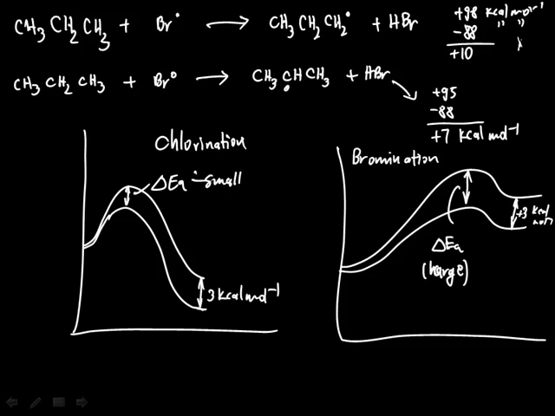And this difference tells us why the more stable product is formed much faster in the case of bromination, whereas in the case of chlorination both products are formed relatively fast. It's just that we get more of the less stable one. And so this graph really explains the selectivity that we observe in bromination, and this is the so-called Hammond postulate, which will be the topic of our next series of slides.